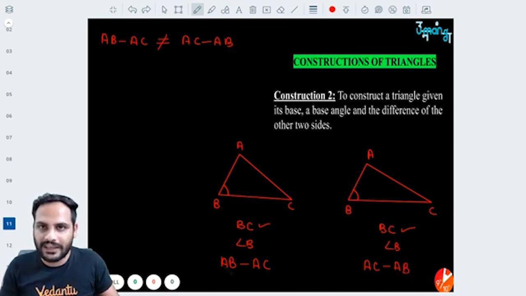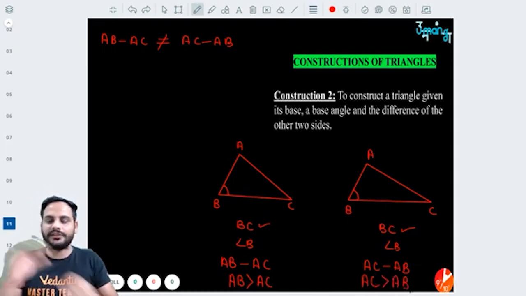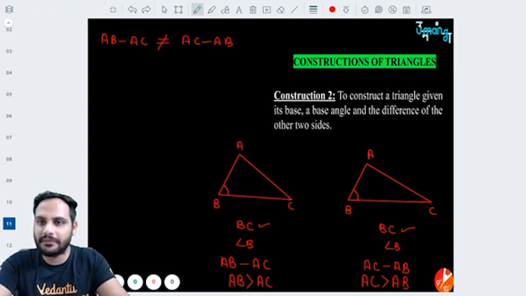When they give you AB minus AC, you can clearly see AB is greater than AC. And when AC minus AB is given, you can see AC is greater than AB. So what is the difference between the sides AB and AC?